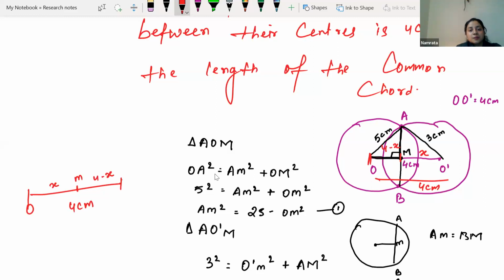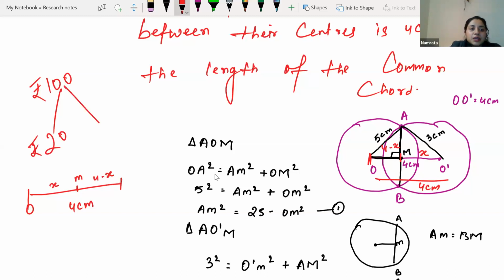Are you getting it? If the total length is 4 centimeter and a part of it is x centimeter, then the remaining will be total minus x. Suppose I am having a total of 100 rupees, and I am giving 20 rupees to one of you, to Yatika.